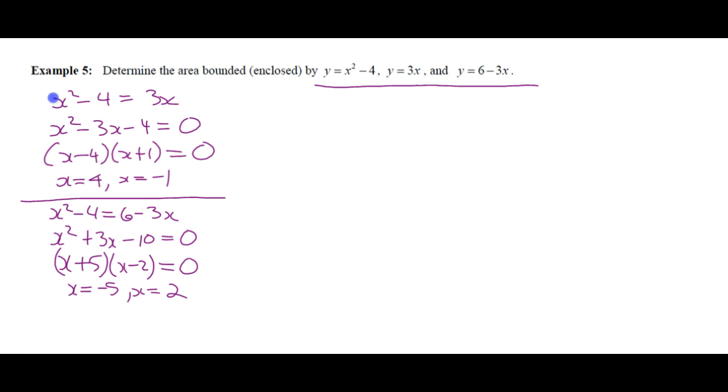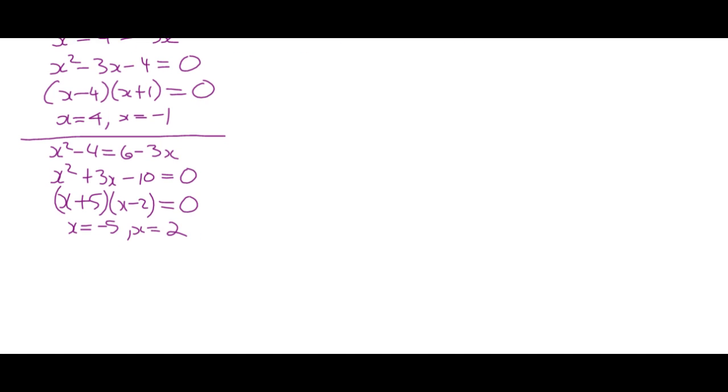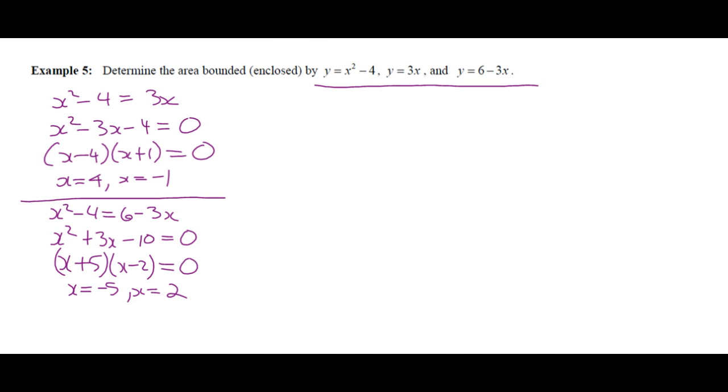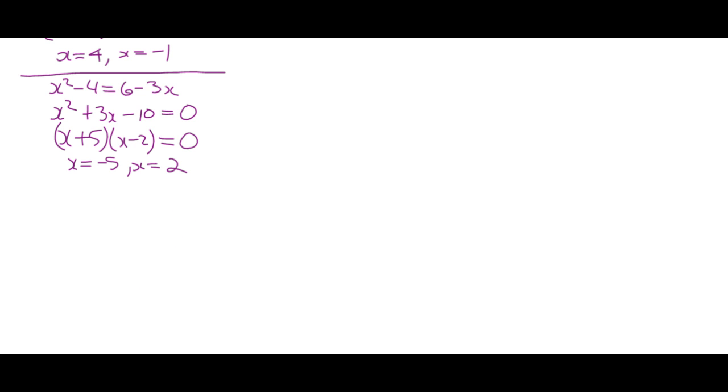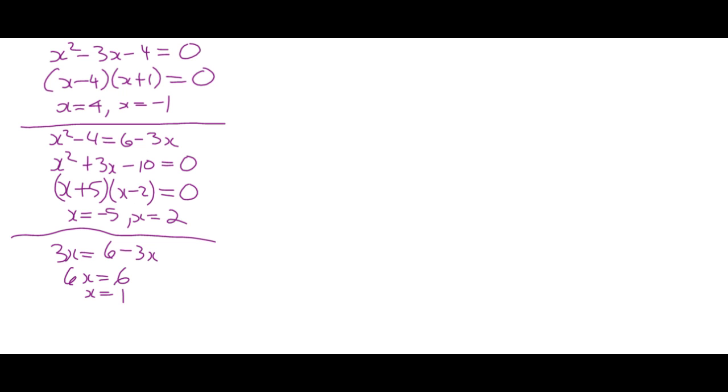So x is negative 5 and positive 2. That's where those two guys intersect. And then we need 3x and 6 minus 3x. So 3x equals 6 minus 3x. So 6x is 6 and x is 1. Okay, so we have the intersections of each of the 3 functions, right?